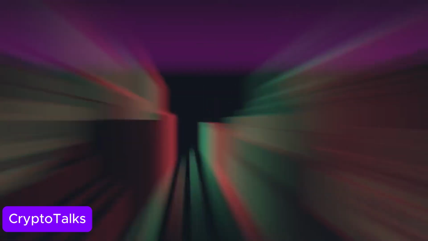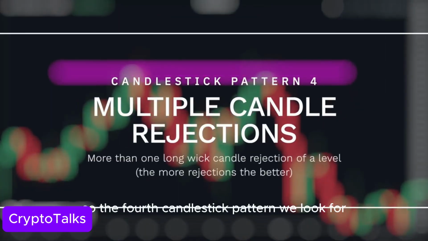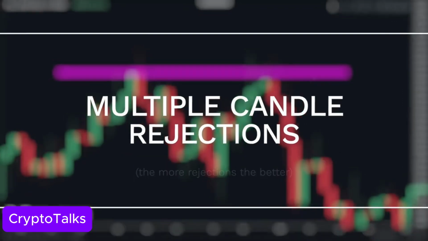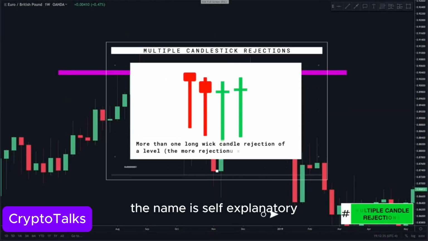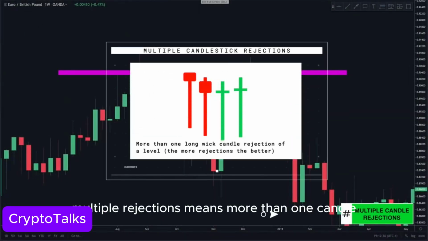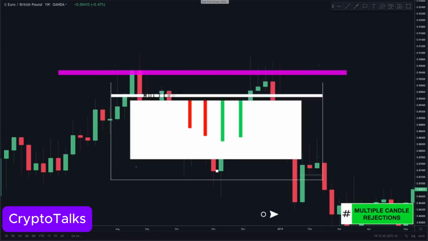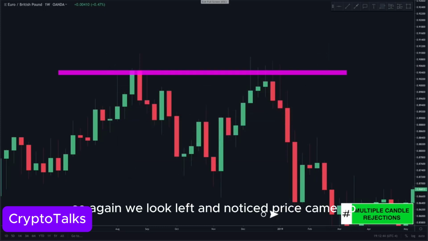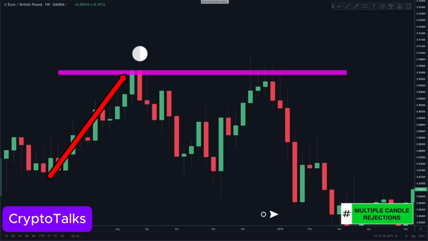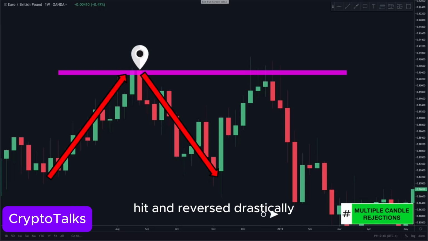Now moving on. So the fourth candlestick pattern we look for is multiple candle rejections. The name is self-explanatory. Multiple rejections means more than one candle rejecting a key level. So again we look left and notice price came up, hit and reversed drastically, giving us a level of key resistance.